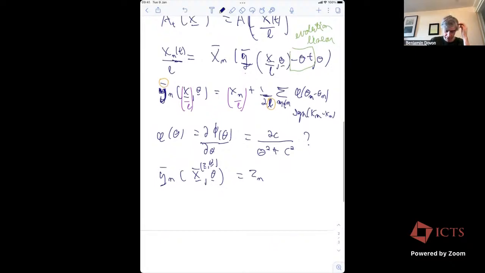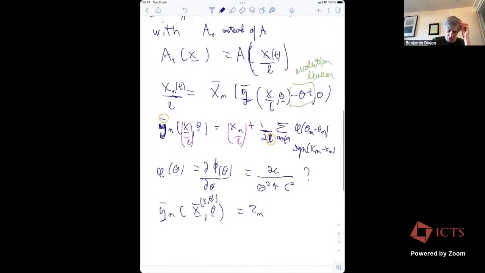Okay, so what I say is that you take your amplitude, you map the scale coordinates x over L to these y coordinates, which are the freely evolving ones.